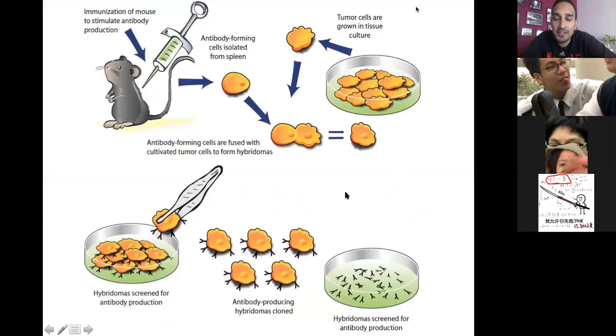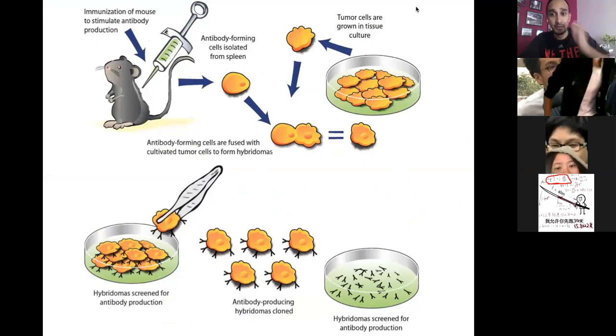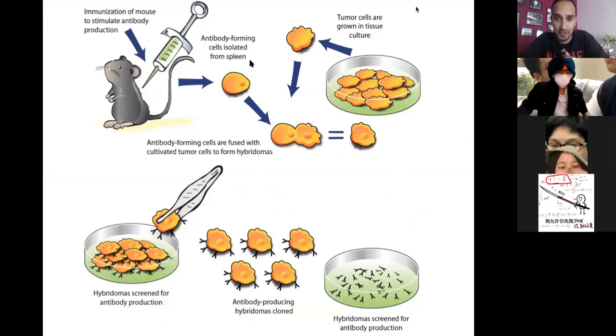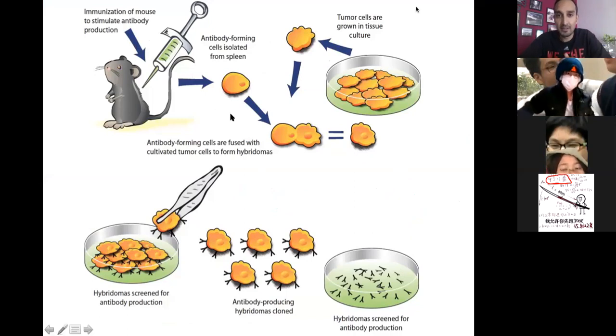So this is a nice little summary of how this works. Our little mousy friend here. Stimulate his antibody production, so make him start producing or create clones of the plasma cell you're interested in. Find the cell you're looking for. That could happen at this stage, like I said, or later on.